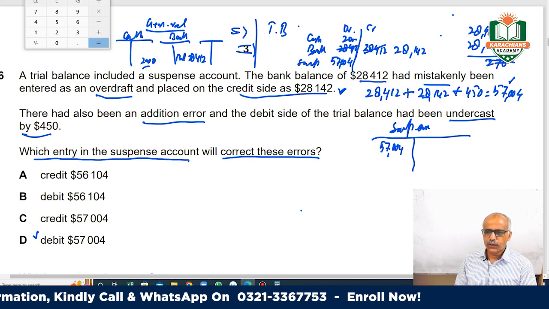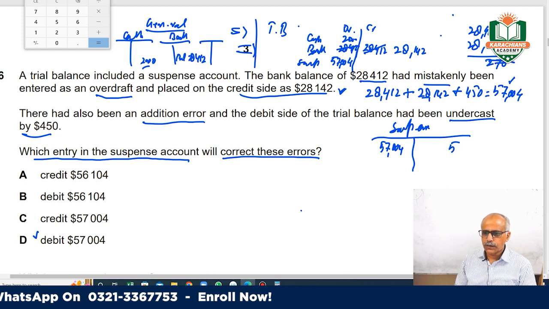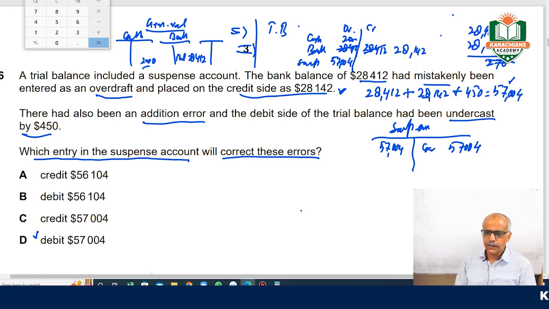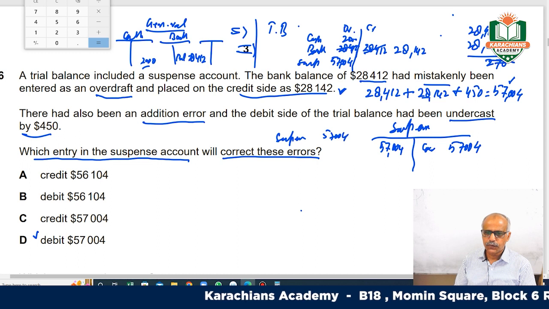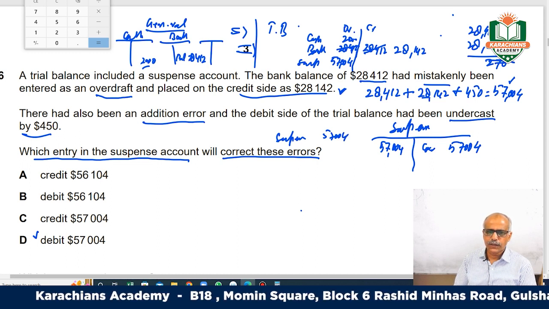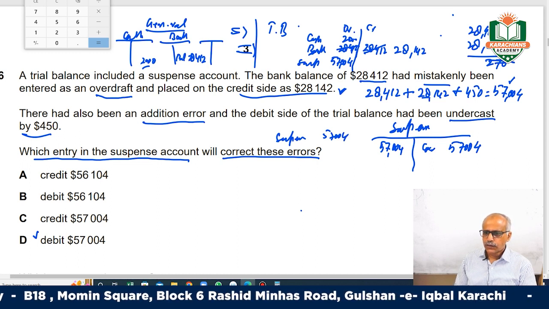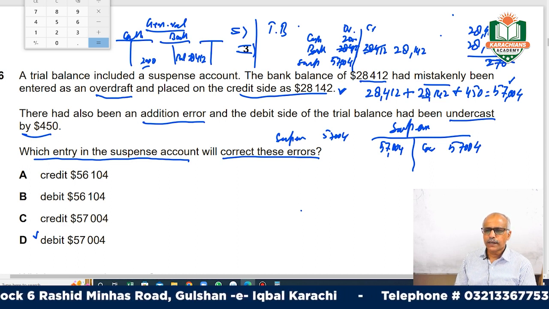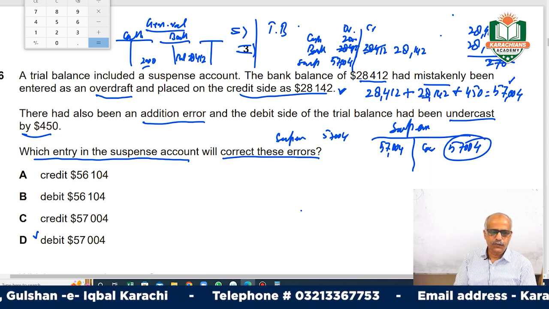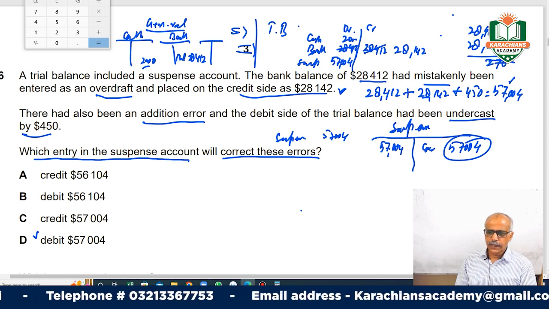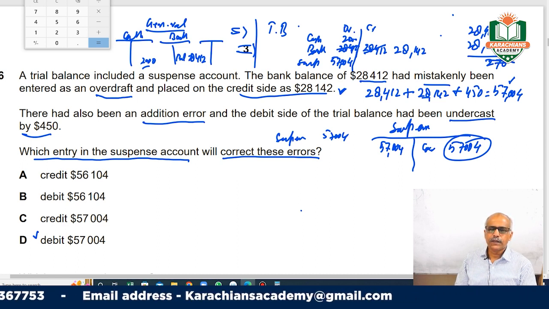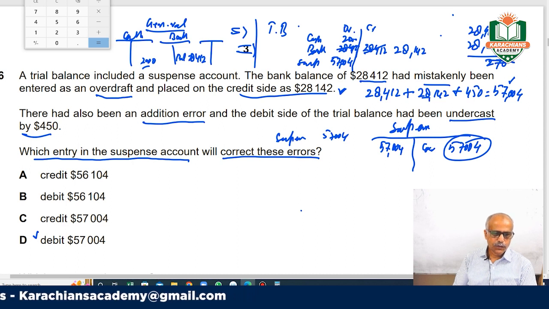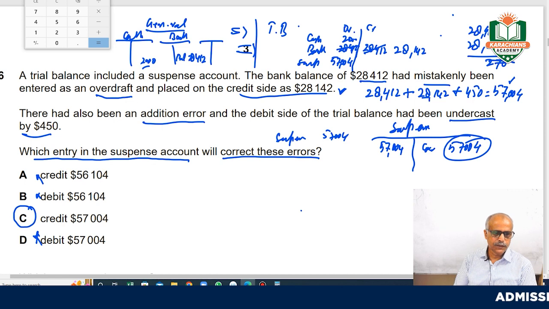Ultimately you will credit your suspense account 57,004 as the correction, so that the suspense account gets resolved. Not debit, but credit 57,004.